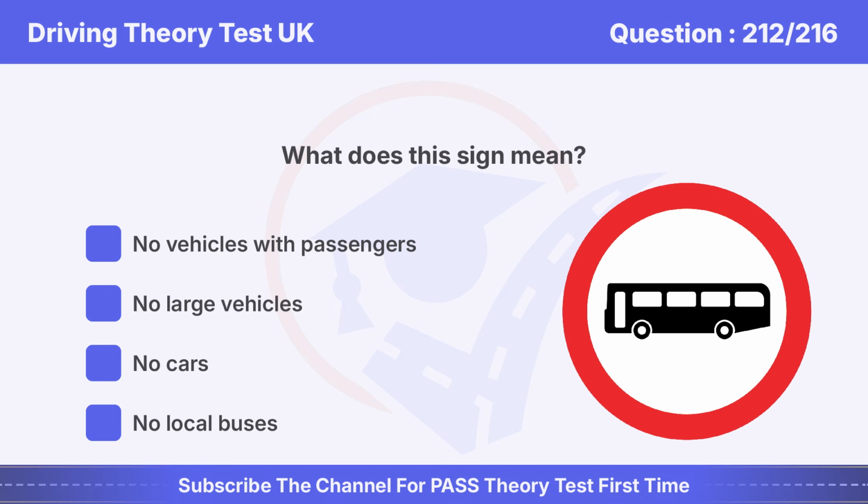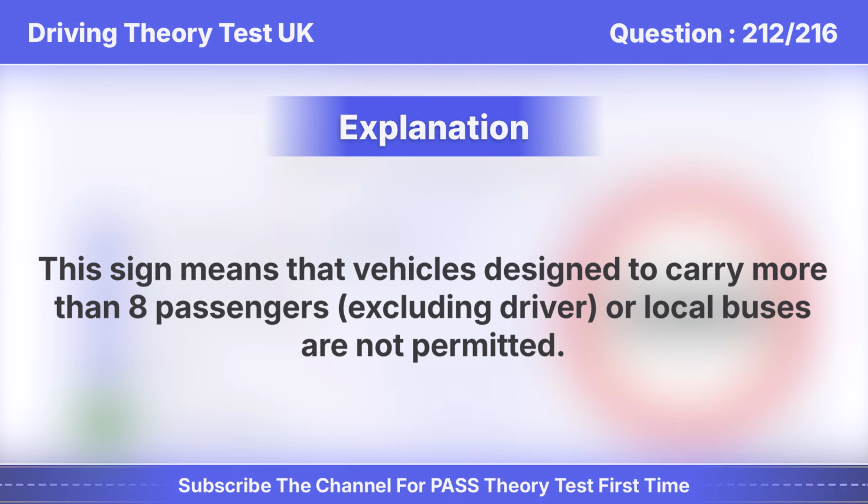Question 212. What does this sign mean? Answer is D. No local buses. This sign means that vehicles designed to carry more than 8 passengers, excluding driver, or local buses are not permitted.